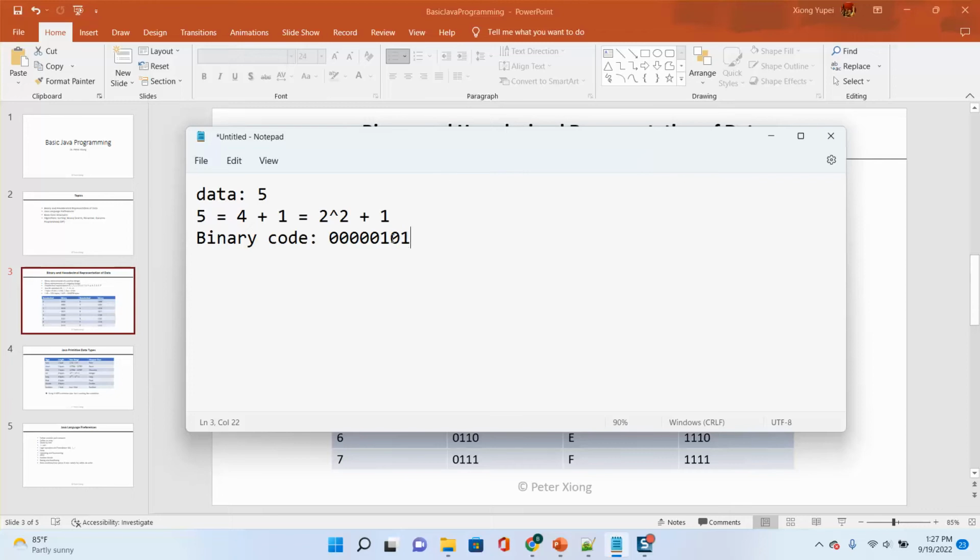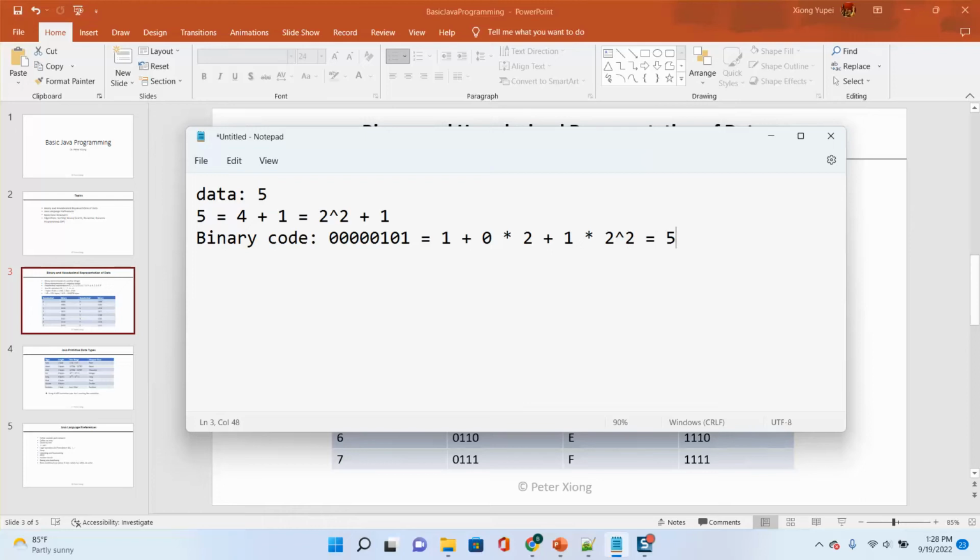Then the second one is 2 to the first power, which is 0. So this can be translated as 1 times 2 to the 0th power, plus 0 times 2, plus 1 times 2 to the second power. So totally it is 5.